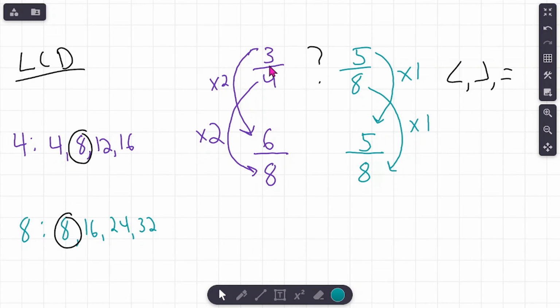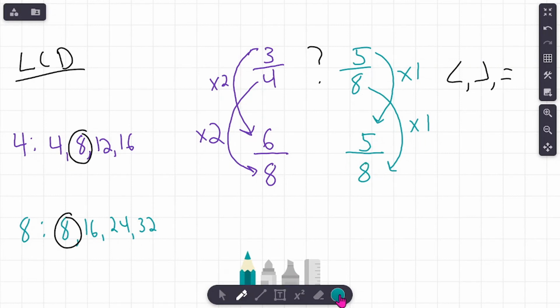Okay, so take a look at these two fractions. What we did was for 3/4, we created an equivalent fraction, which was 6/8. And for 5/8, we created an equivalent fraction, or the same fraction, 5/8. And the reason we're doing this is because it's way easier for us to compare these fractions now, because if you look, both fractions have an 8. Okay, that makes it easy. Now look at the numerators here. This numerator is 6, this numerator is 5.